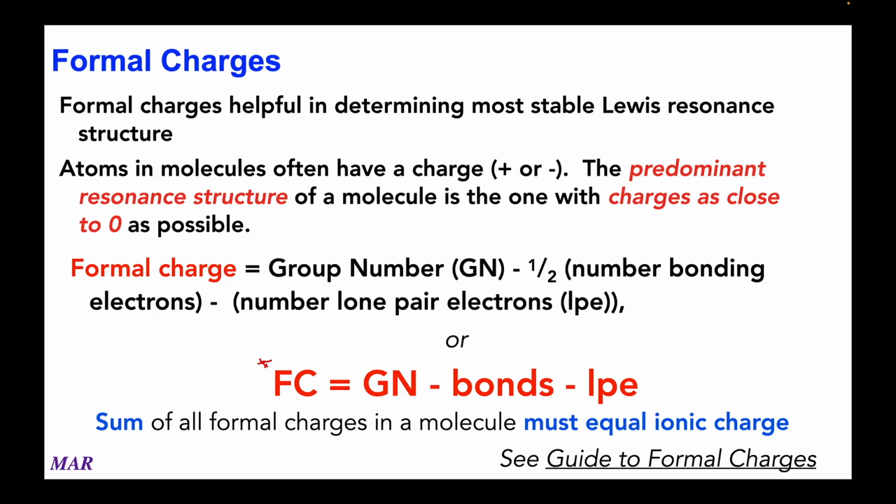Now, if you've done everything right, when you add up all of the formal charges in your molecule, the sum of the formal charges must equal the ionic charge. And I'm sure at this point, this is kind of gobbledygook to you. So let's look at some examples and figure out how you would use formal charges to tell what the best structure is.